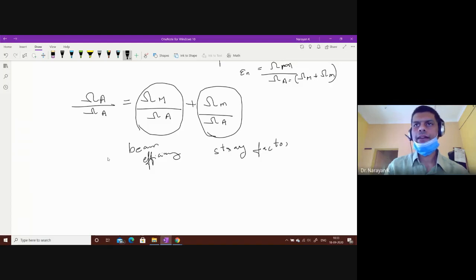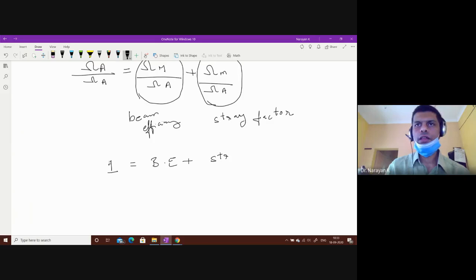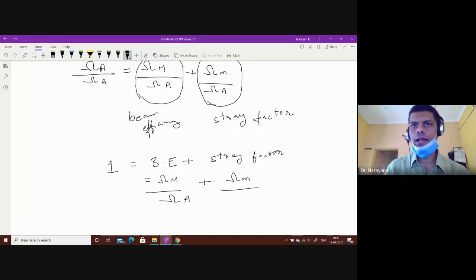Stray factor. So what you will end up getting is 1 on your left hand side, because both will get cancelled. You will get this as beam efficiency plus stray factor. So beam efficiency is equal to main beam area by total beam area, and your stray factor will be minor beam area divided by total beam area.